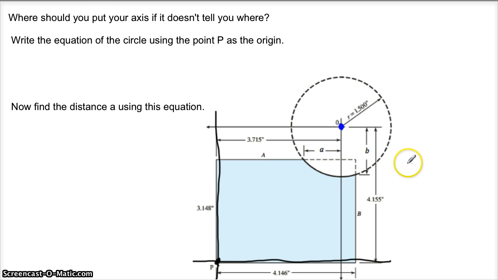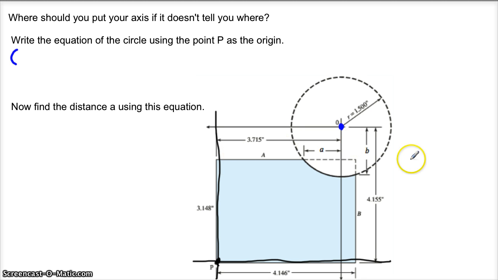So remember, to write the equation of a circle I need to know the coordinates of its center, and I need to know the radius. Another thing to look at before you really even start the problem is to make sure you understand what all the numbers are measuring. So this 3.148 is measuring from point P up to this point right here.